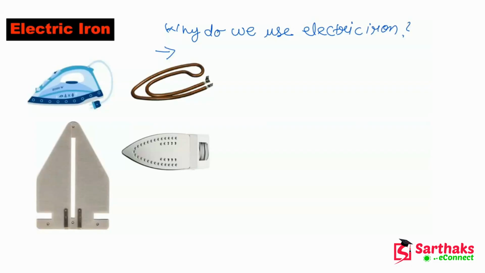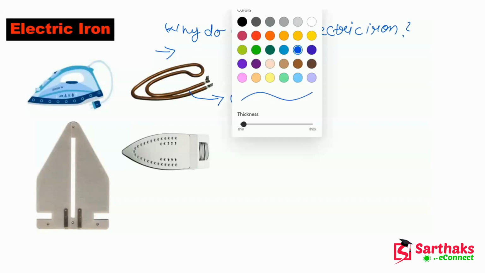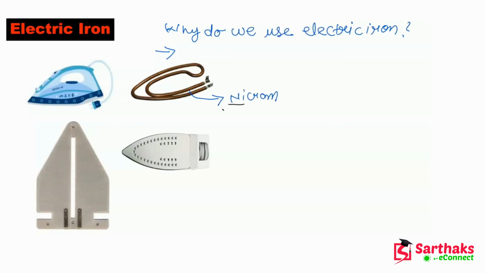So now let's talk about the mechanism inside an electric iron. We use a wire of nichrome. Now, why do we use this wire?